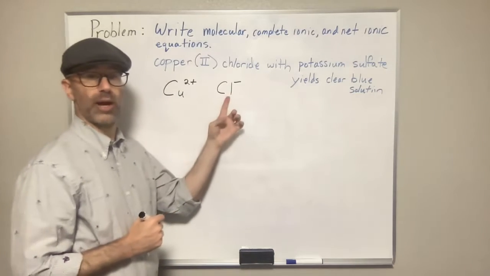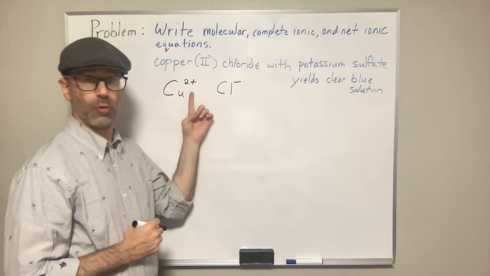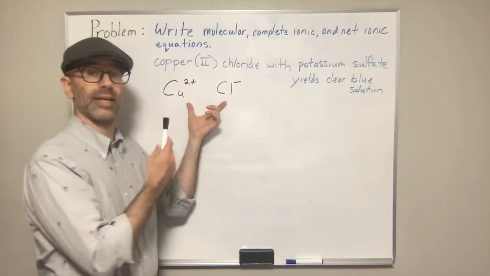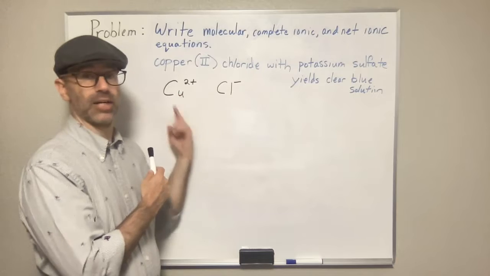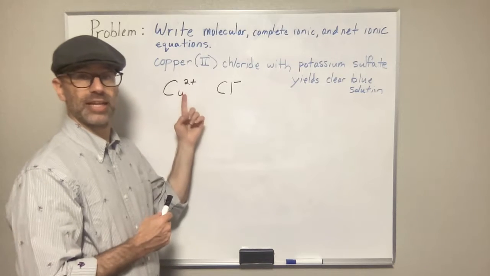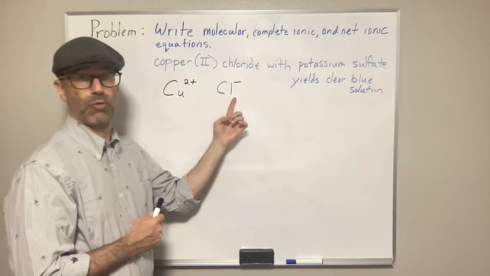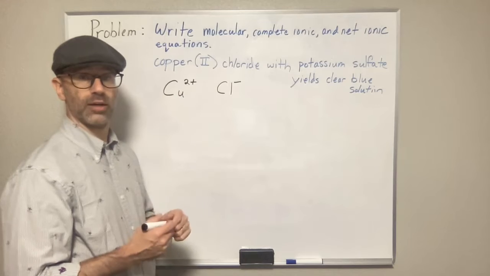So we know right away that this is -1. When you're writing the formula for your ionic compound, you need to make sure that the compound is neutral, that the negative and positive charges are balanced. Copper is a +2, chloride ion is a -1, so we need 2 chloride ions to balance the charge of 1 copper ion.